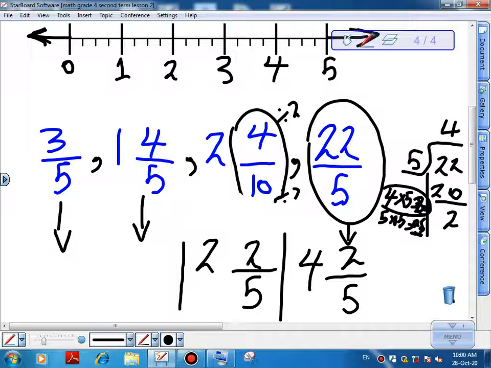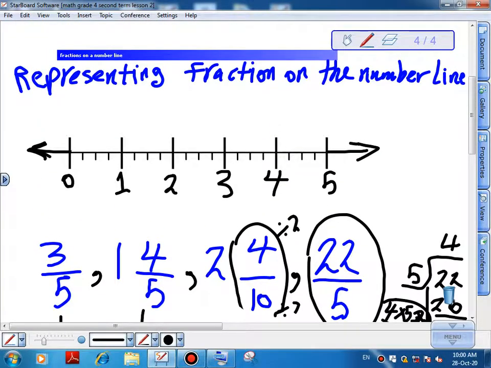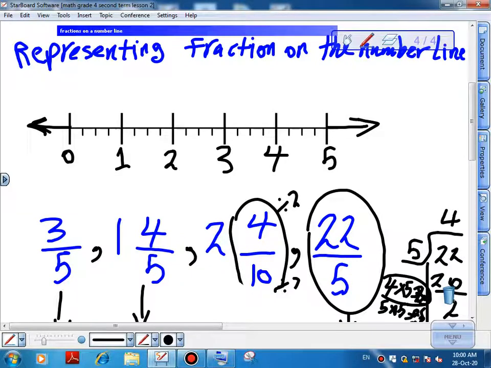Is 3 over 5 a proper fraction or an improper fraction? It is a proper fraction, so it must be smaller than 1. It will be in this space, from 0 to 1. This is smaller than 1.